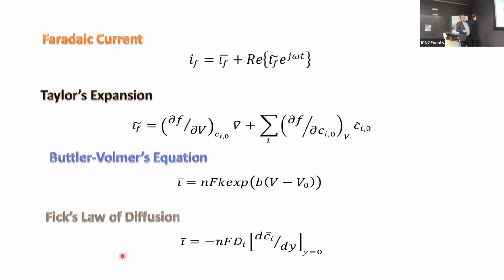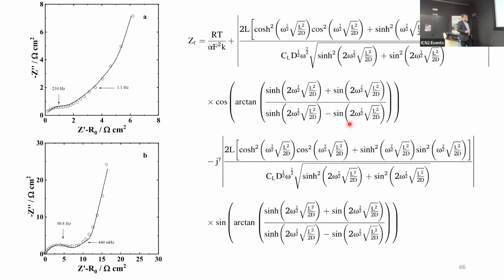In this case, we have used similar concepts, but we have considered the charge transference and the diffusion of sodium and potassium ions into this intercalation electrode. So this is the function.